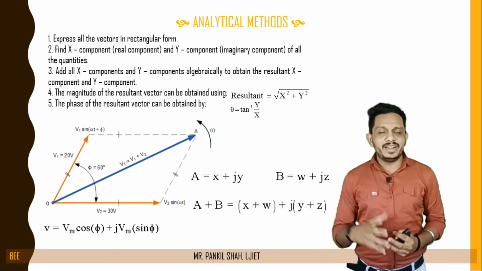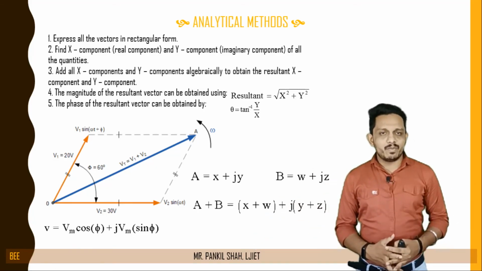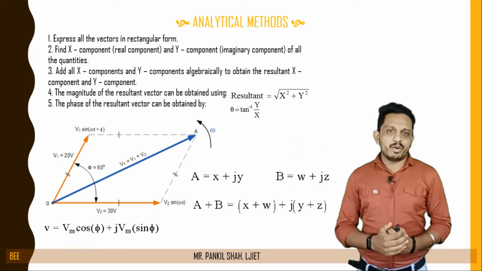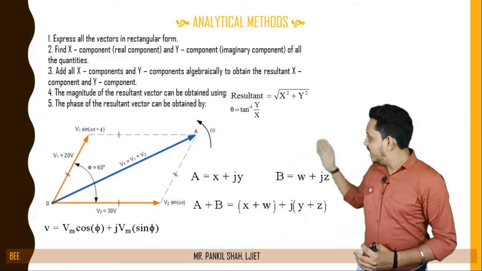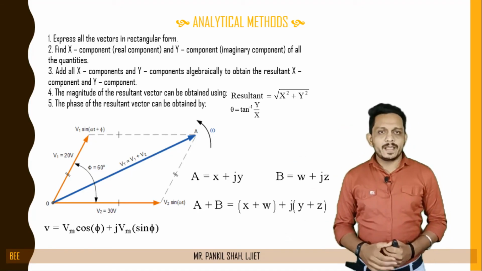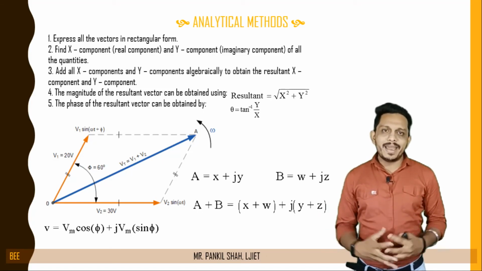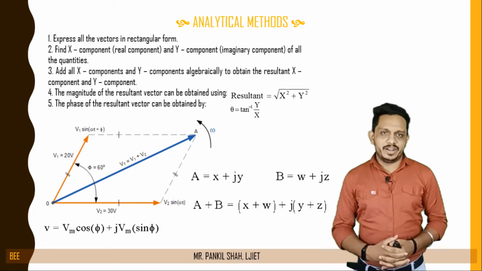Once we obtain the x component and the y component, we can find the magnitude of our resultant vector from this formula, which is nothing but the square root of x squared plus y squared. So the square root of x component squared plus y component squared will give you the magnitude of the resultant quantity.